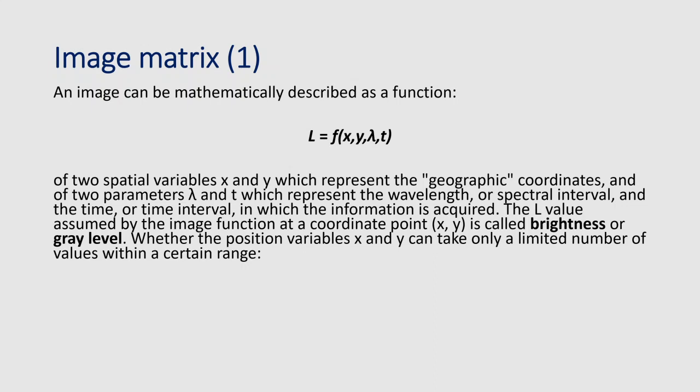The L value assumed by the image function at a coordinate point x, y is called brightness or gray level.